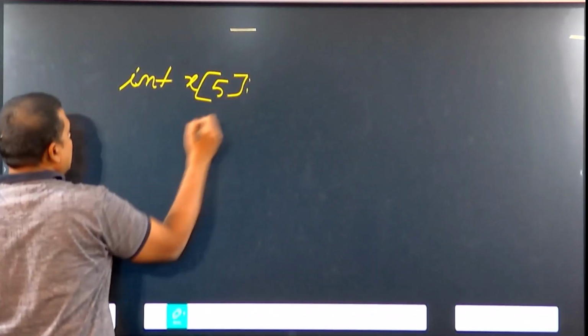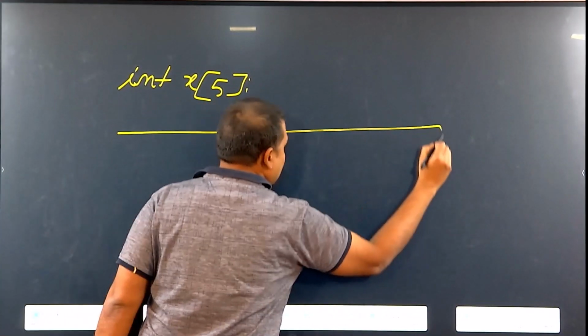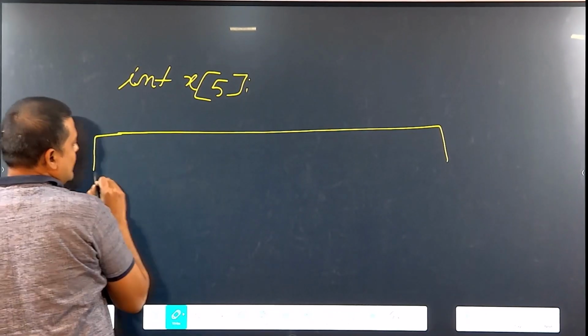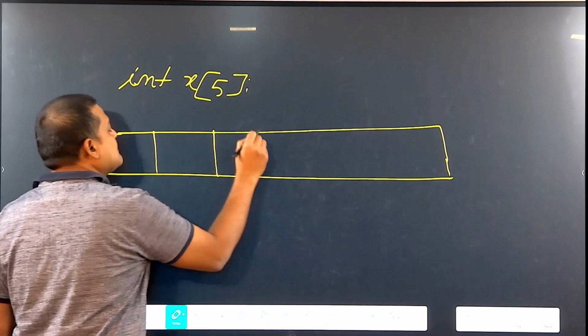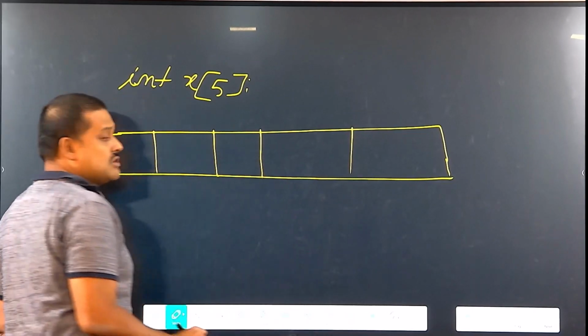In our memory, some location will be allocated, and this location is called contiguous memory location। What is contiguous?